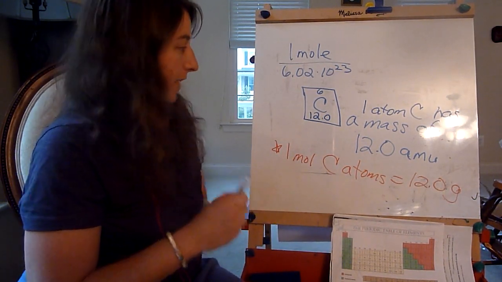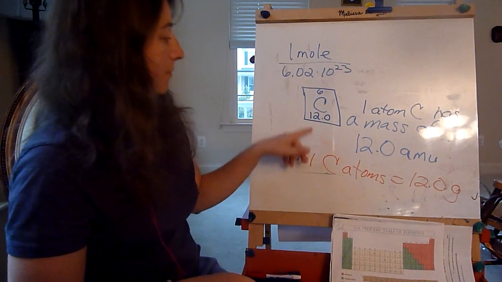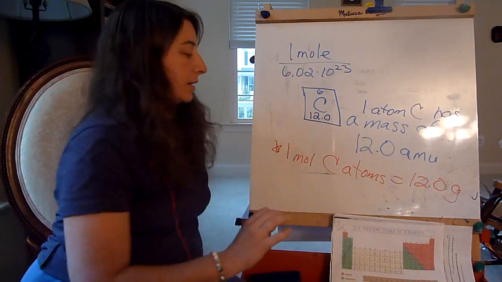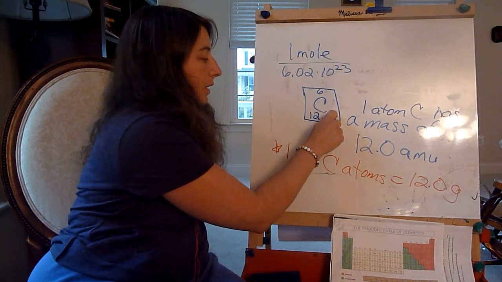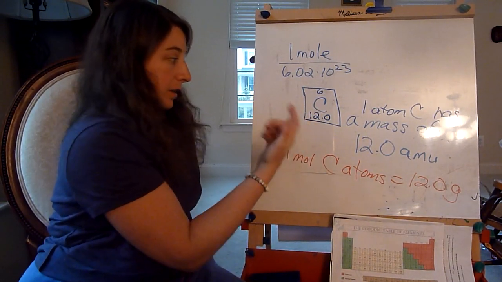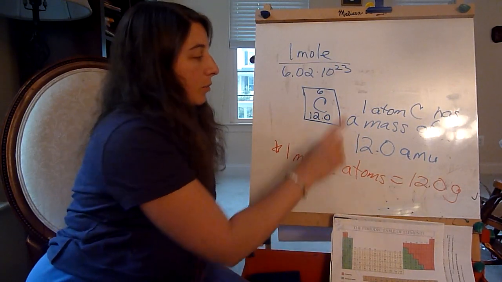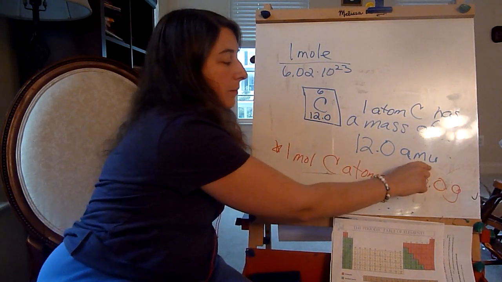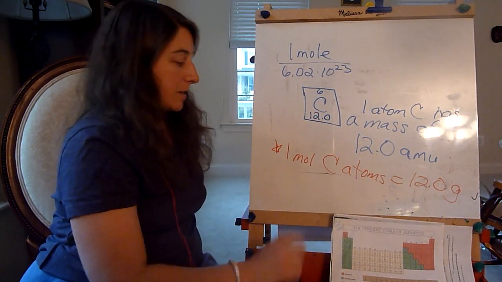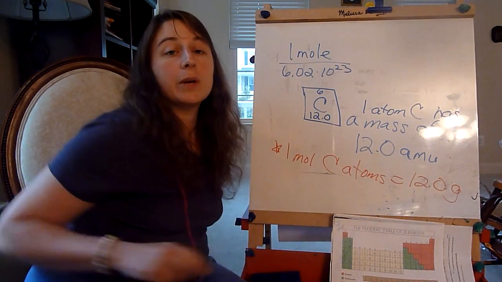So this is a factor that we know. 1 mole of something has a mass of the atomic mass in grams. So 1 atom, 12.0 AMU for carbon, atomic mass units. 1 mole of carbon will weigh 12 grams.